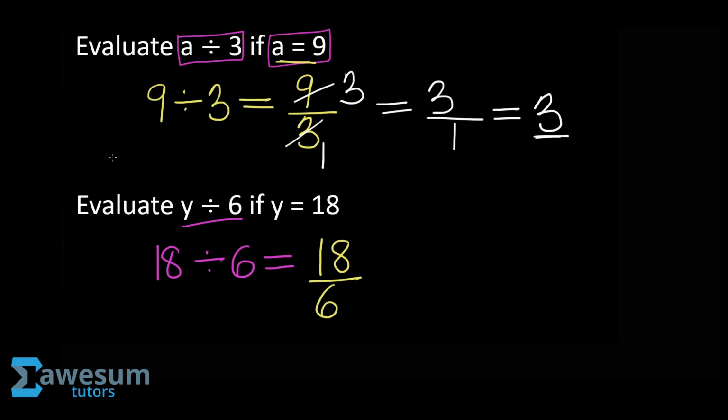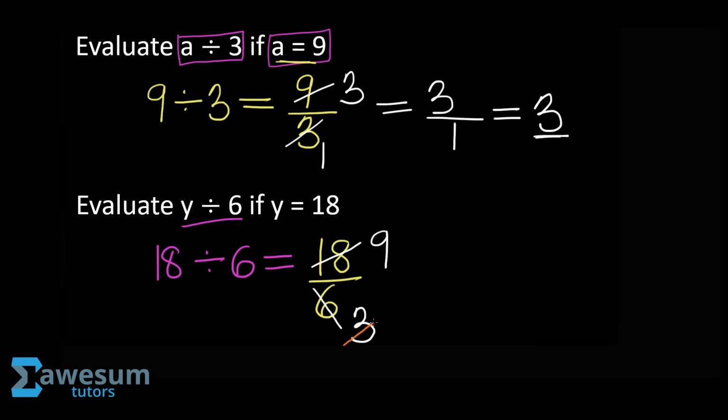If you take a look at this very well, you would realize that we can simplify 18 over 6. 2 is a common factor for both of them. 2 in 6 gives me 3. 2 in 18 gives me 9 because 2 times 9 is 18. If you take a look at this further, you would realize that for 9 over 3, we can still have 3 as a common factor of both numbers.